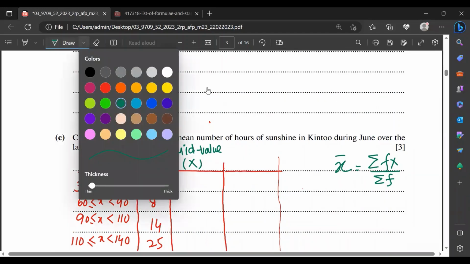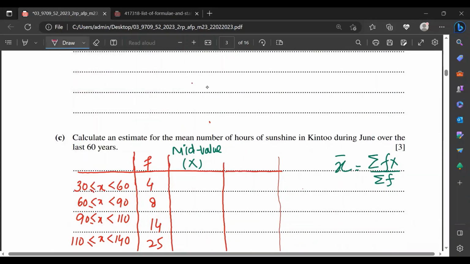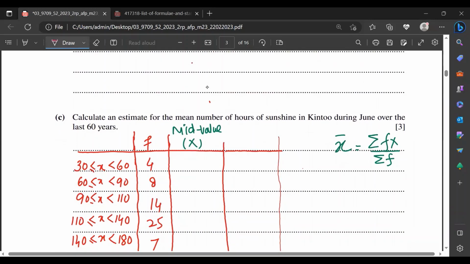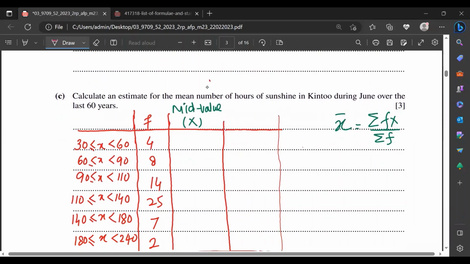Next you can find the mid value for the classes. For 30 to 60, the mid value is 30 plus 60 divided by 2, so 45 is the mid value for the first. 60 plus 90 over 2 is 75.